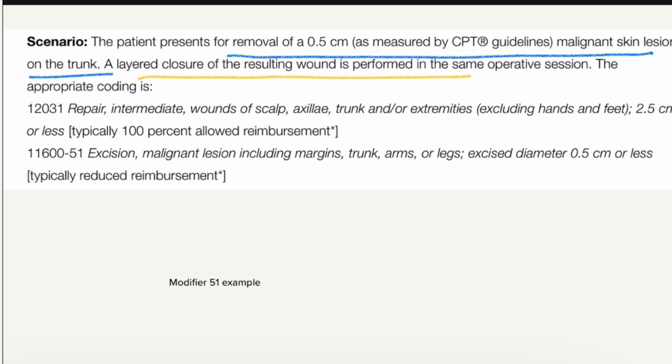And secondly, list 11600 with modifier 51, excision of malignant skin lesion including margins, trunk, arms or legs, excised diameter 0.5 cm or less. So this is the correct coding method. First list the highest paid procedure and second list the subsequent procedures with modifier 51 in order to indicate that it is a multiple procedure.